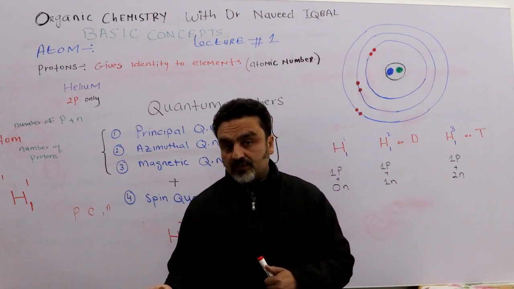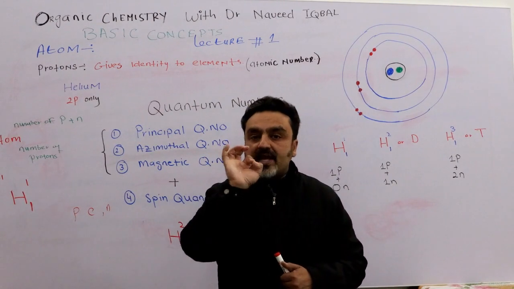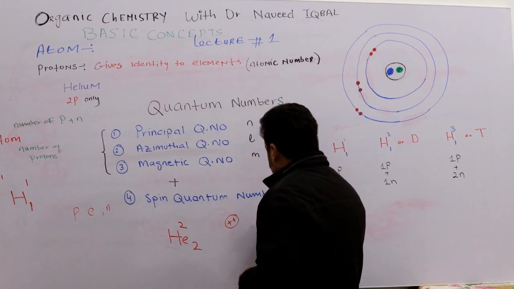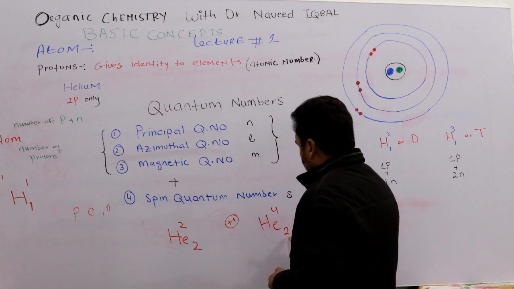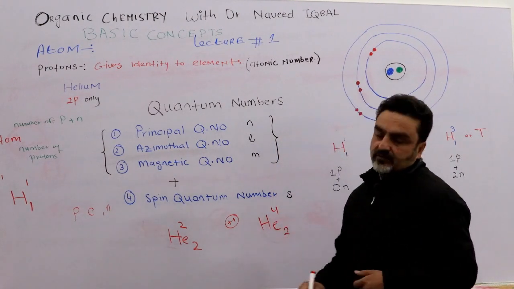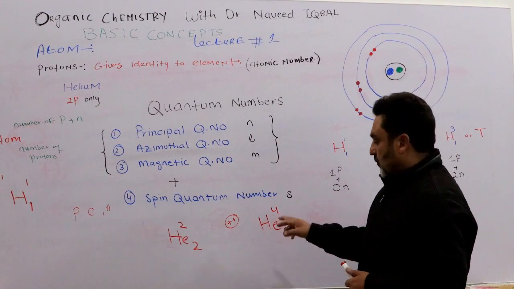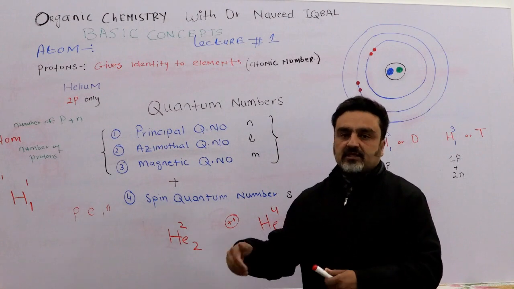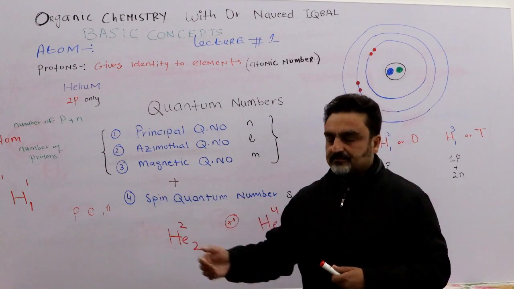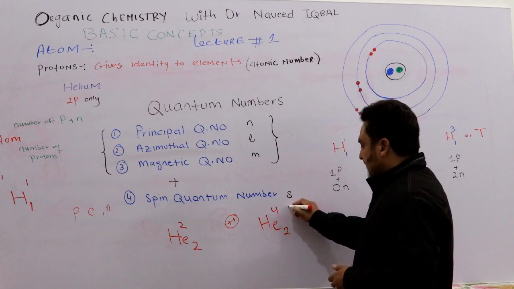So what is the function of the neutron, and what is the actual mass number of helium? It is 4. Atomic number is 2 and mass number is 4. So what is the role of the neutron right here? One role is that it gives us the mass number. What is the other role?